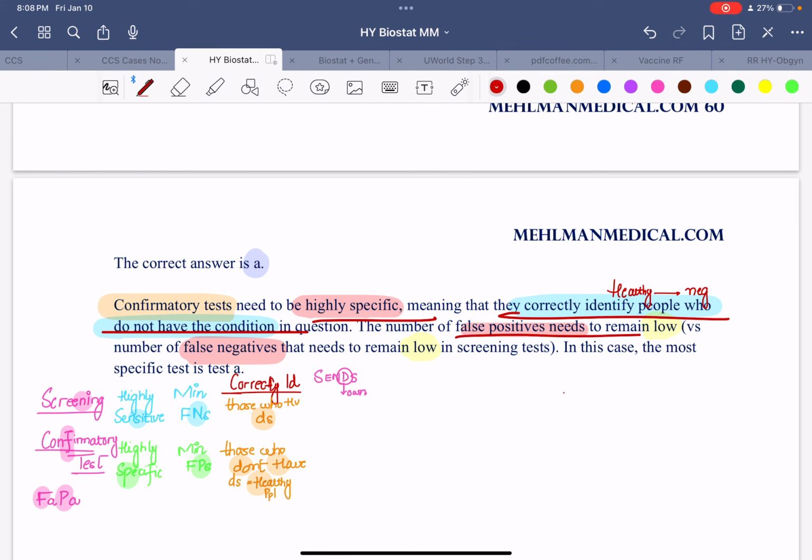And the false positives need to be low because you are actually going to treat the patients at this point. There should not be any healthy patients coming out as positive, so we need to keep the false positives low, whereas false negatives need to remain low for the screening test.